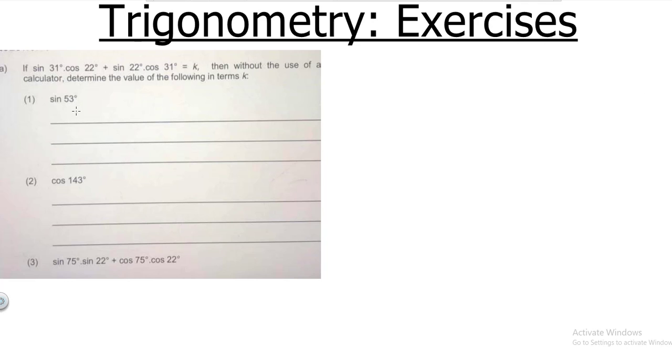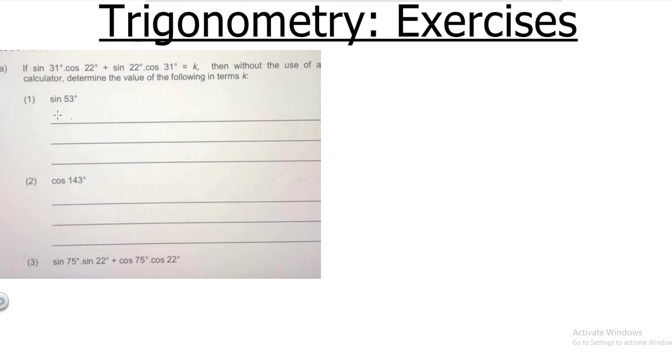It says: if sin 31 degrees multiplied by cos 22 degrees plus sin 22 cos 31 is equal to k, then without the use of a calculator, determine the value of the following in terms of k.